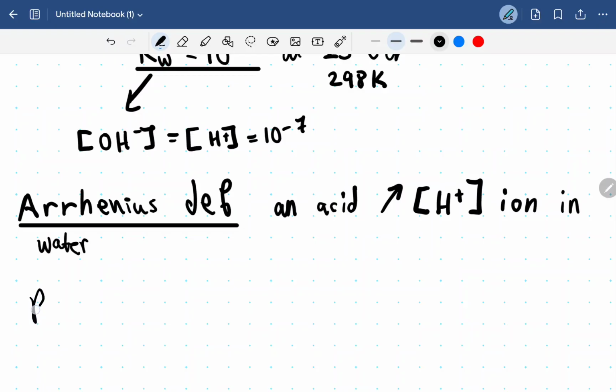And now you have Bronsted-Lowry. By the way, excuse my handwriting, my arm's injured.